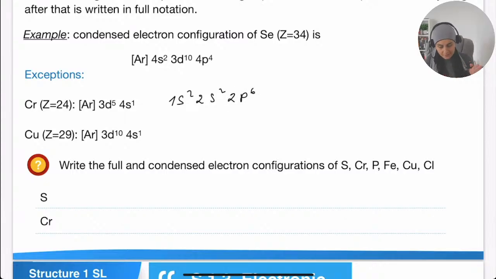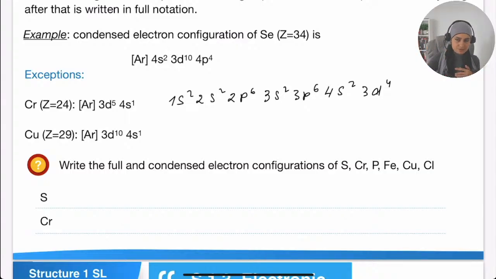So far I have 10 electrons. 3s2, 3p6, then 4s2, that's 20, and 3d4. This is what you would end up with if you write it normally, following the Aufbau principle.